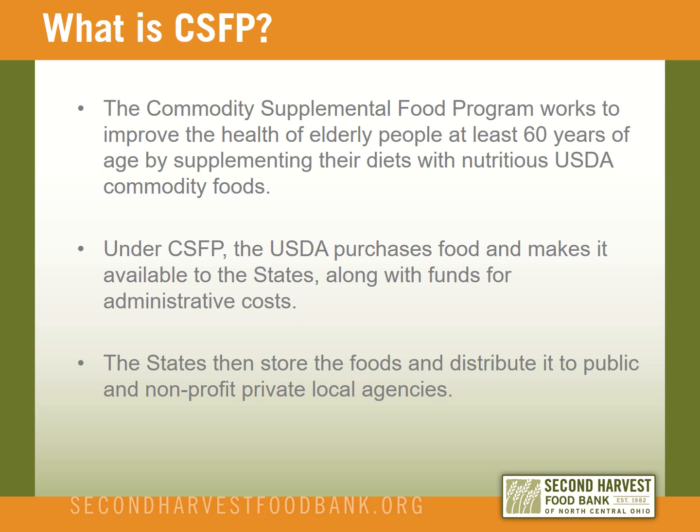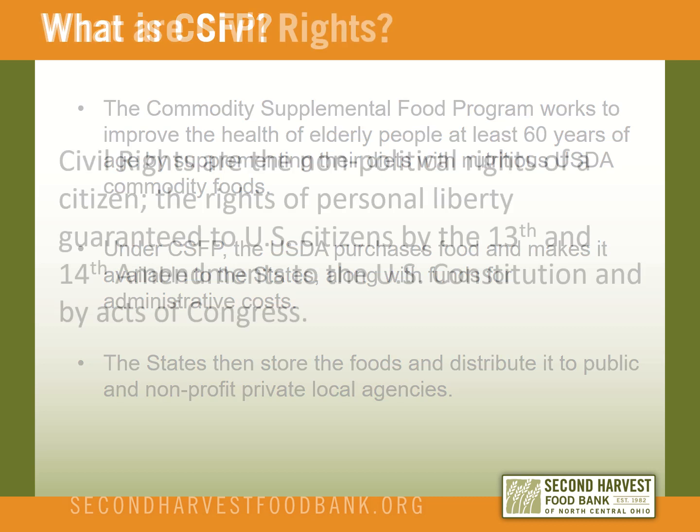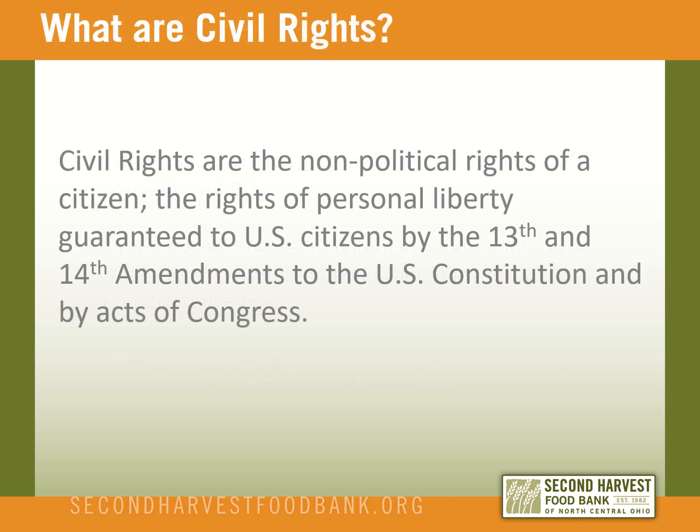So it's a little bit more strict than our pantries or our hot meal programs. In either case, where you are receiving TEFAP funding or CSFP funding, you are required to receive this training.